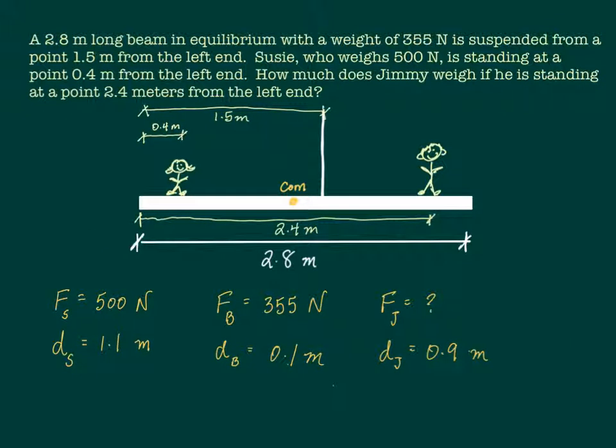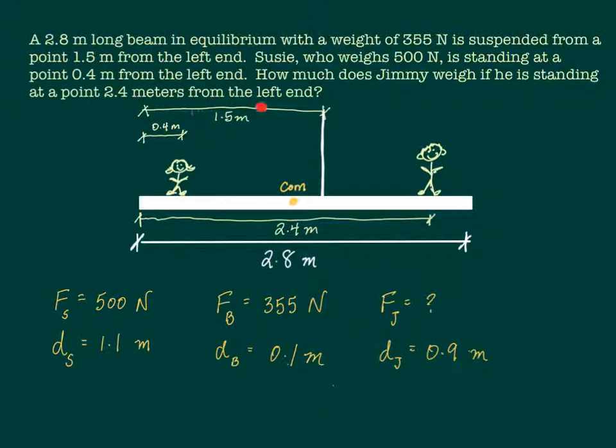All right, now here's a problem that's a little more complex than the last one that we did. We have a 2.8 meter long beam in equilibrium. So in equilibrium, sides are balanced, right? Torques are balanced, torques are equal. And this beam has a weight of 355 newtons, and it's suspended from a point that's 1.5 meters from the left end, okay?